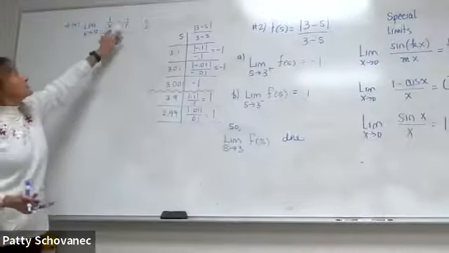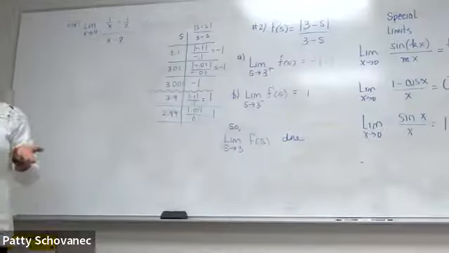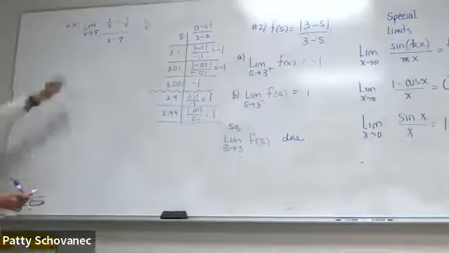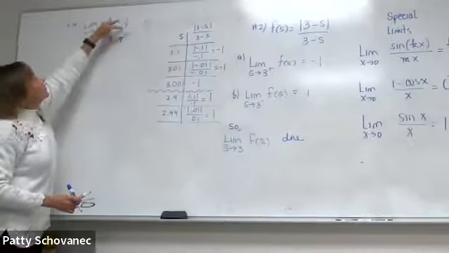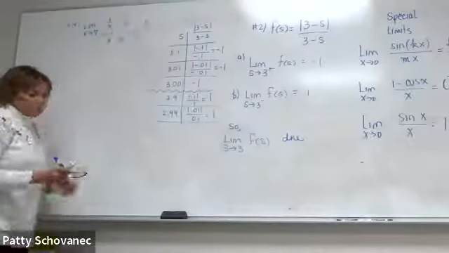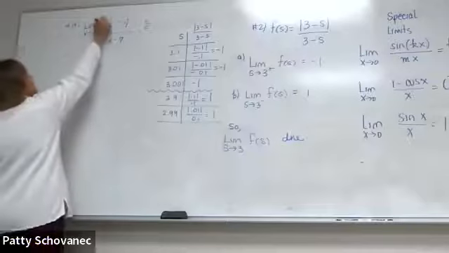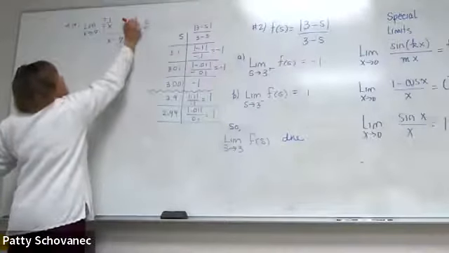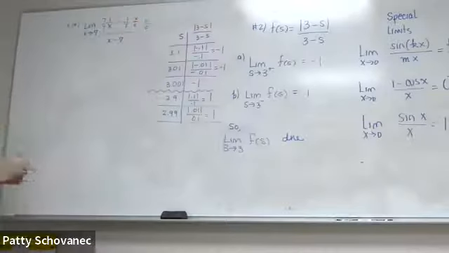Subtract two fractions. But to subtract fractions, you've got to get a common denominator. So I'm going to multiply this by 7 over 7, this by x over x. Now they both have a denominator of 7x.